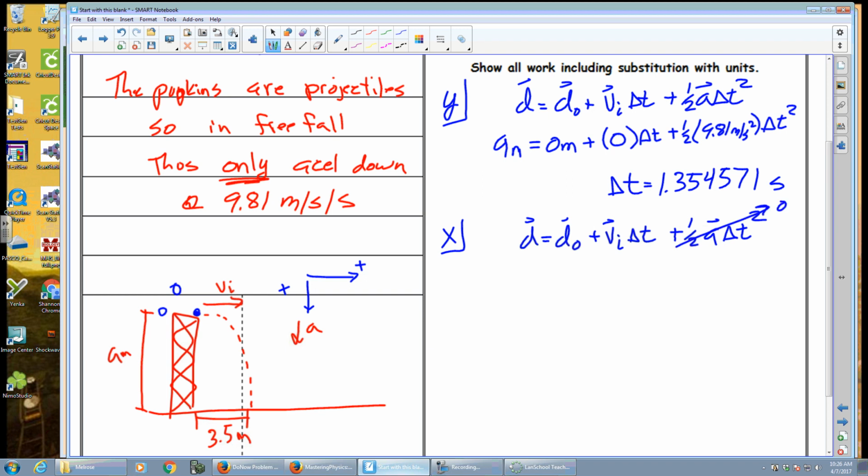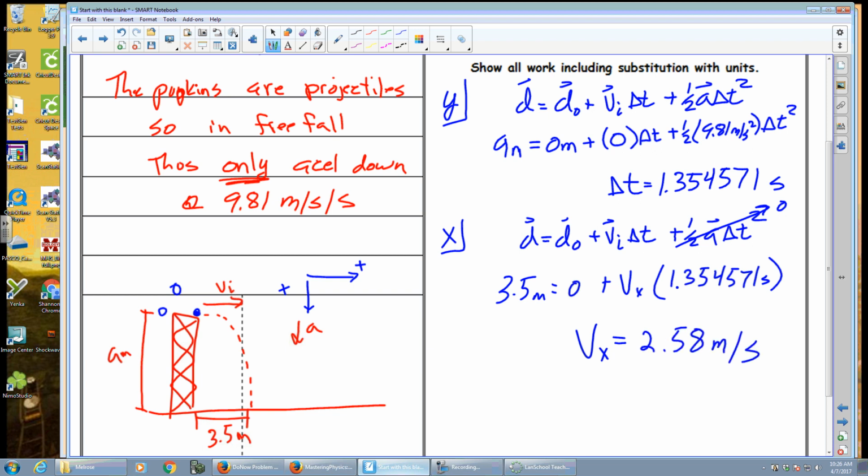Nice. 0. So it's going to end up at 3.5. It's going to start at 0. It's moving at, I don't know, some speed. Call it Vx. And it's moving for 1.354571 seconds. You can find Vx. I get 2.58 meters per second.